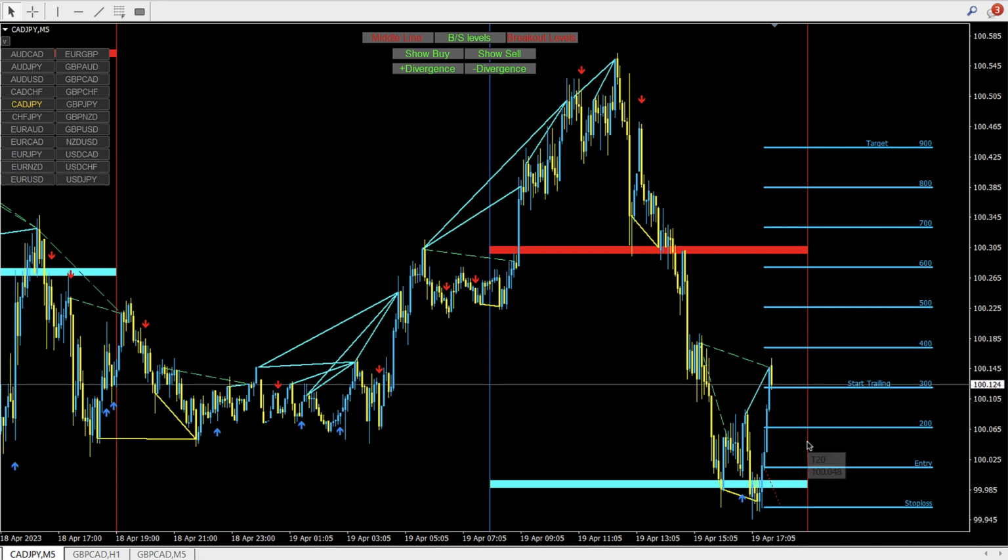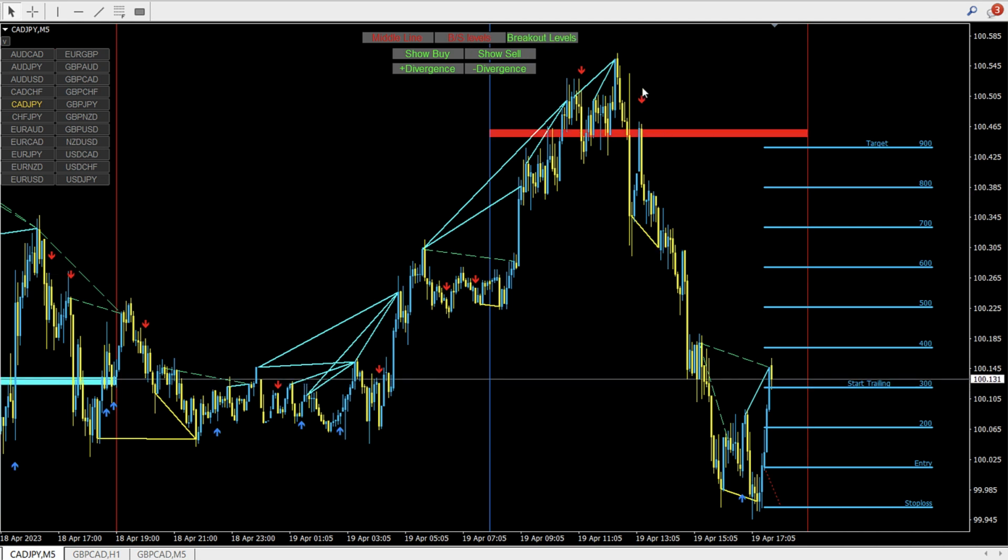So you will be making much more profit than if you trade 1 to 1 or 2 to 1 risk to reward ratio. So you can activate the levels that you want and deactivate those you don't want.